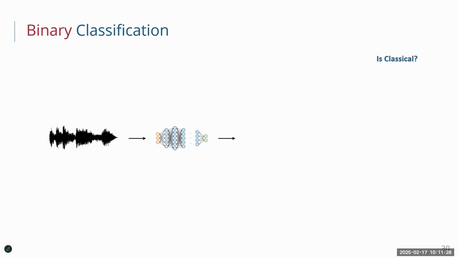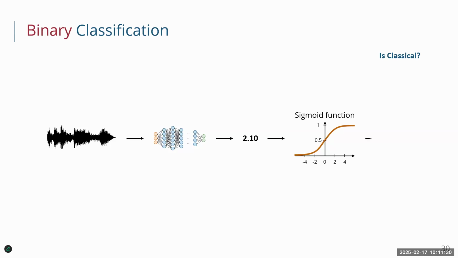Remember that we mentioned how we turn numbers output by the neural network into probabilities. In deep learning, you have some model that outputs some numbers, and then you go through that sigmoid function to turn it into something between 0 and 1. So X will be the number. 2.1 will be somewhere here. If you look at it, it's already 0.89.